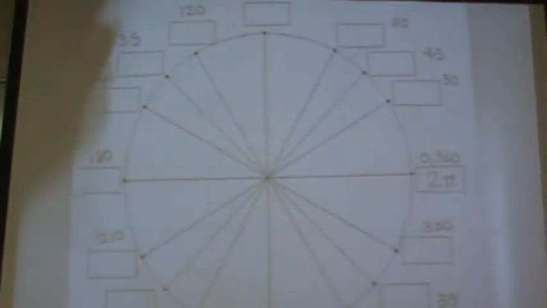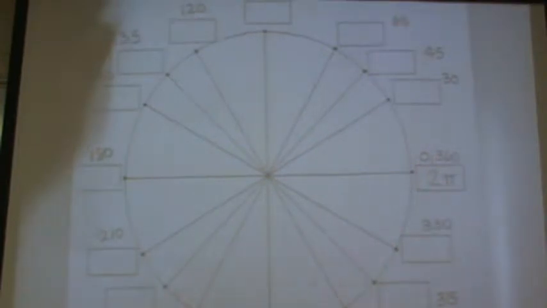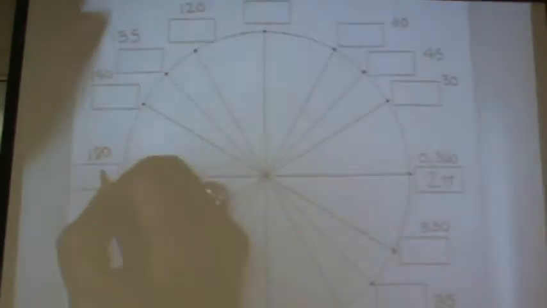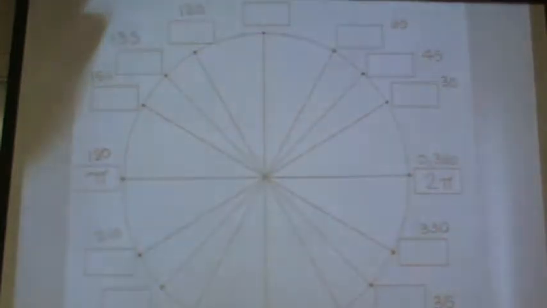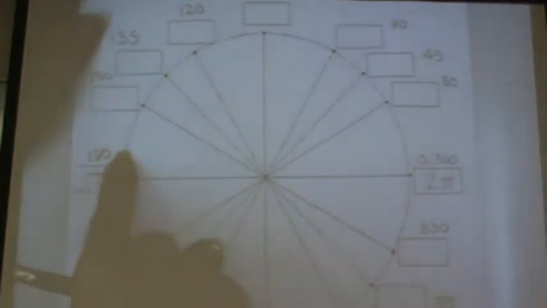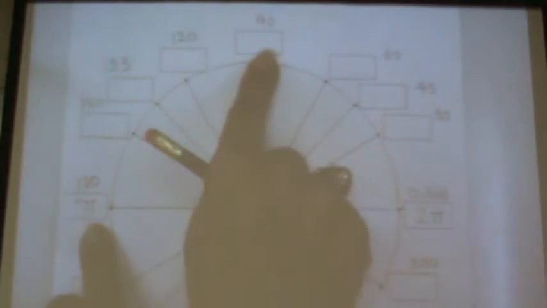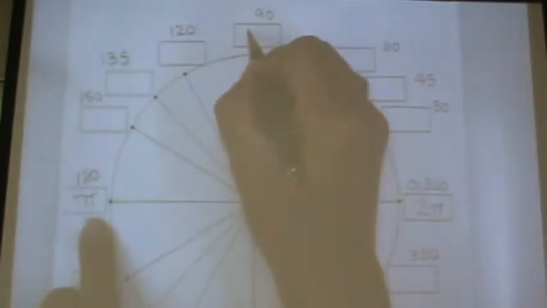If you think of fractions, if you go around once and that's 2 pi, what's going halfway around? 1 pi, good. So can everyone accept that 180 degrees is 1 pi radians? So half pi is 90.